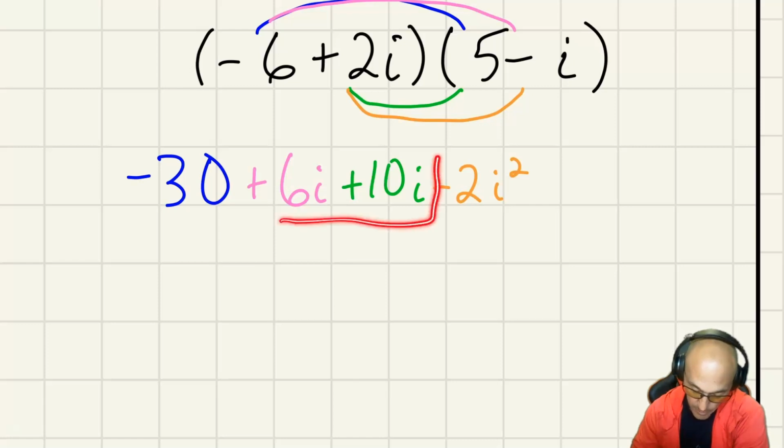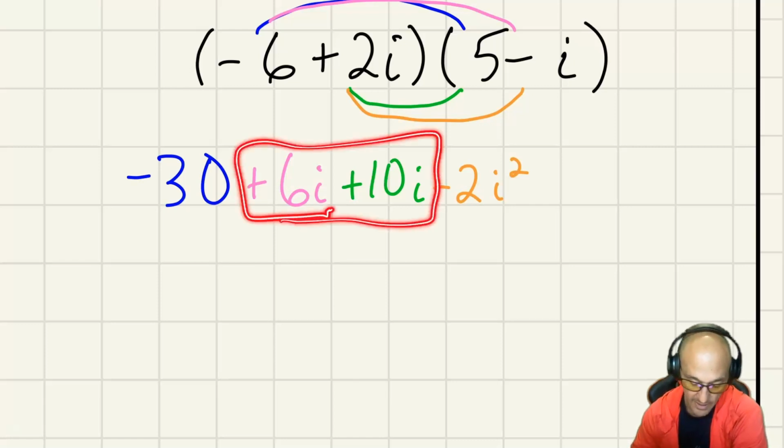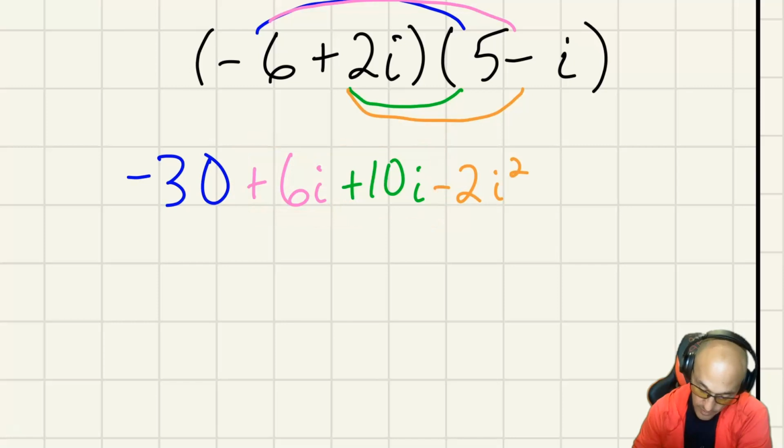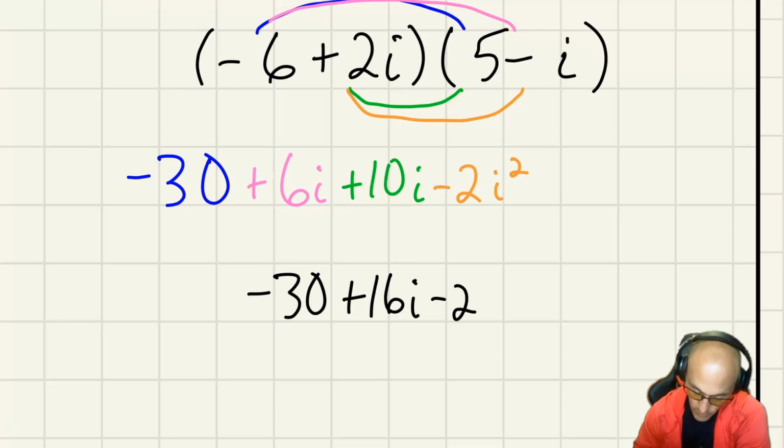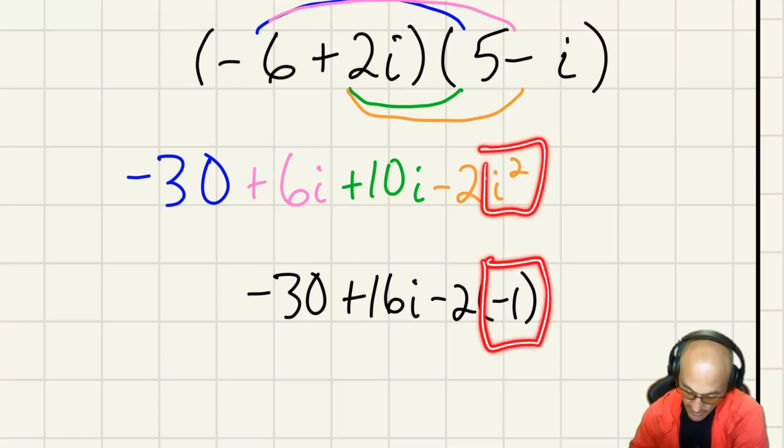All right, now I'm going to combine my i terms and get 16i. So I have the negative 30 plus 16i minus 2 times negative 1, because i squared is negative 1.